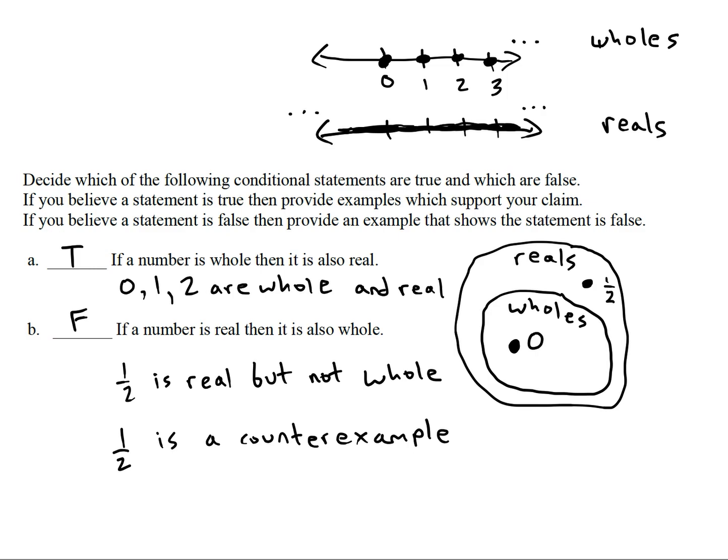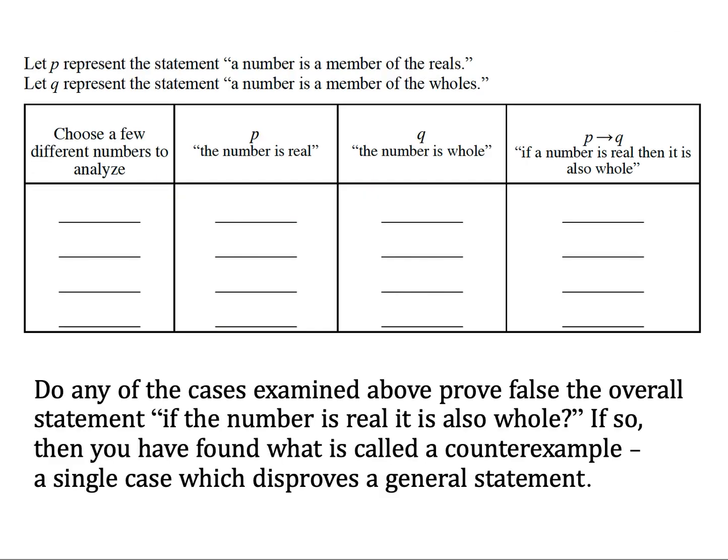Let's try to put a few counterexamples and examples into a truth table. So the column P stands for the number is real, and Q stands for the number is whole. And we're trying to decide whether if a number is real, then it is also whole. Is that a valid conditional statement or not? We actually just showed that it's not.